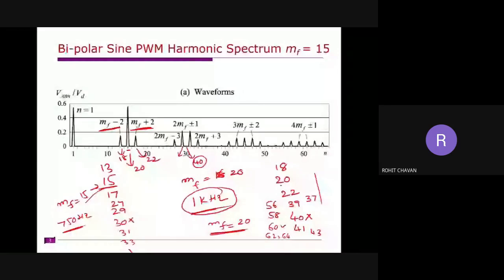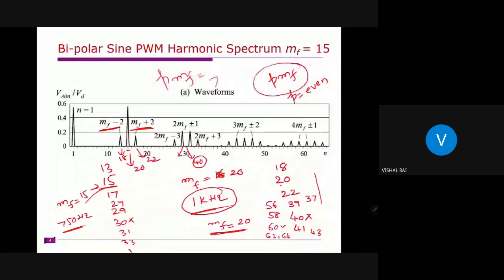There is one doubt, sir. If MF is even, then harmonics will exist? Harmonics are absent when P is even. Here this PMF, if P is even, then you have no harmonics related to this PMF, so all of those are 0.